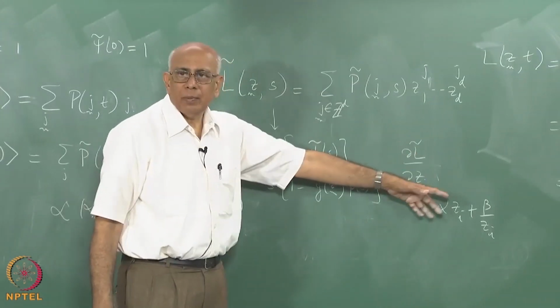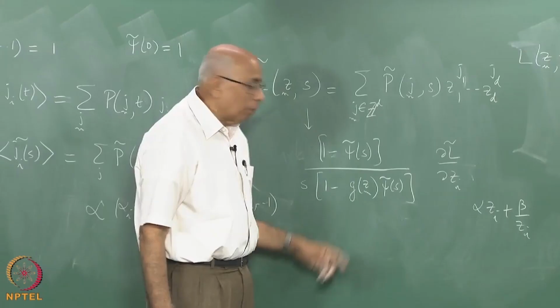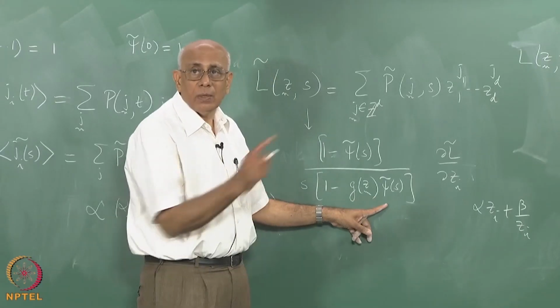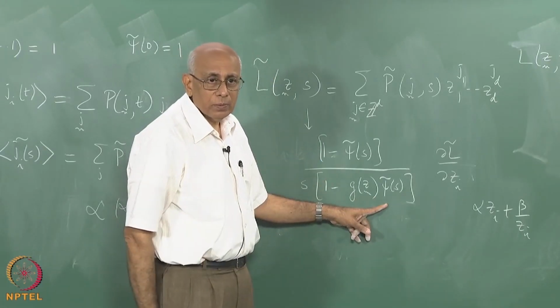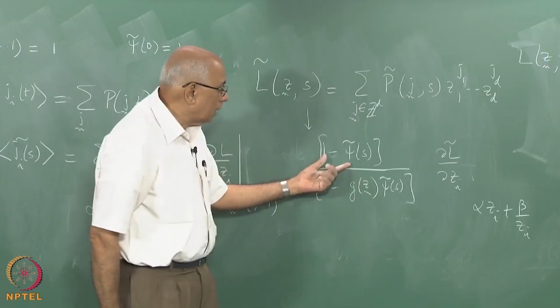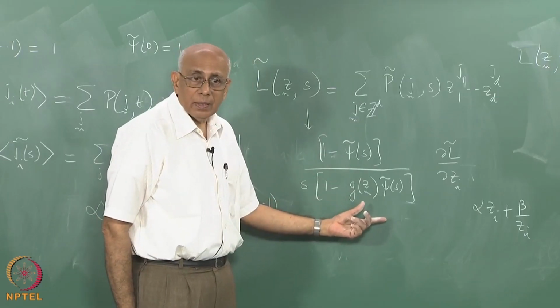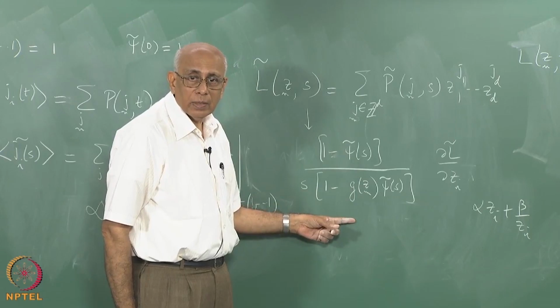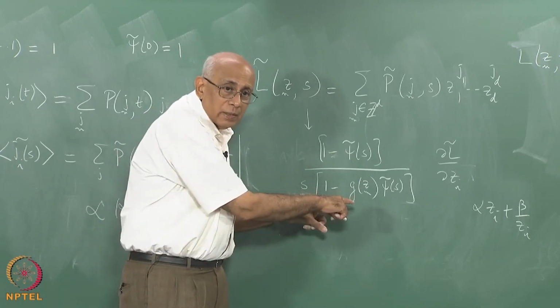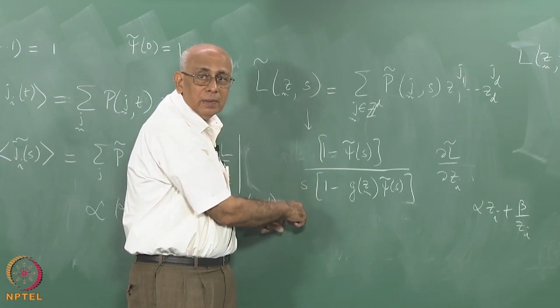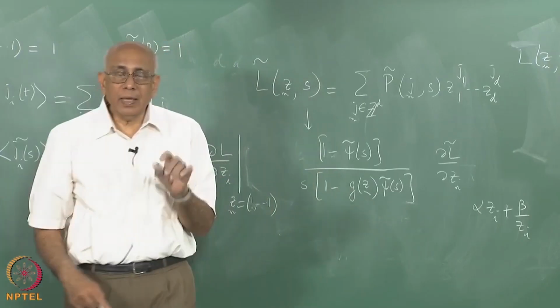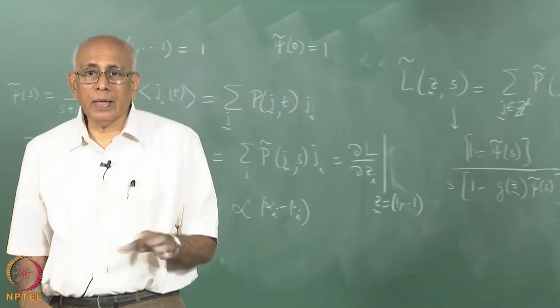This gives me alpha minus beta multiplied by a psi tilde, but that is equal to 1 if I put s equal to 0. This gives me a 1 over 1 minus psi tilde between this and the square of this. So that gives me a factor s. This gives me an s. So the whole thing for small s is going like 1 over s squared.